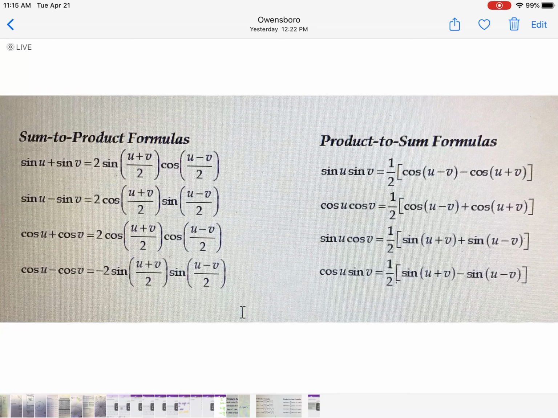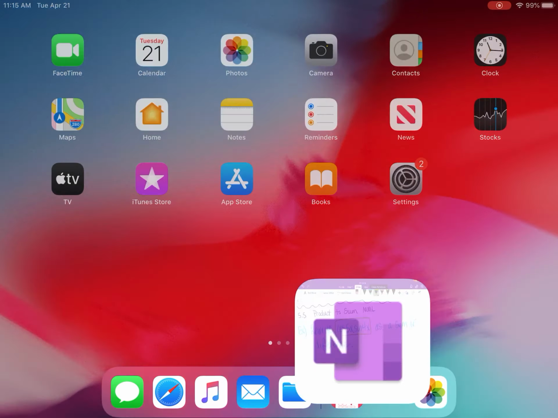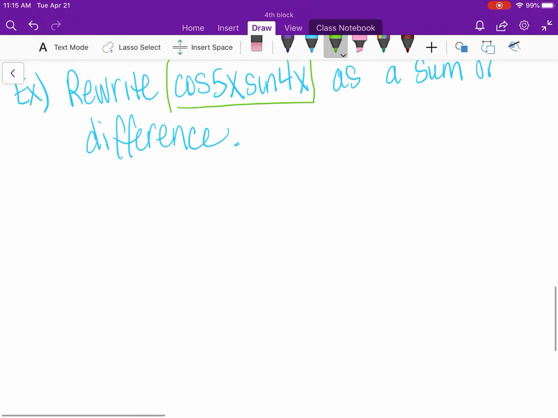Okay. So I will say that my 5x is going to be my u, and my 4x is going to be my v. Okay.